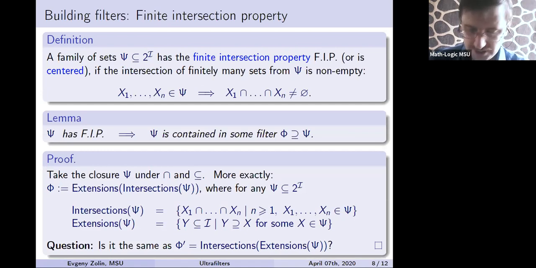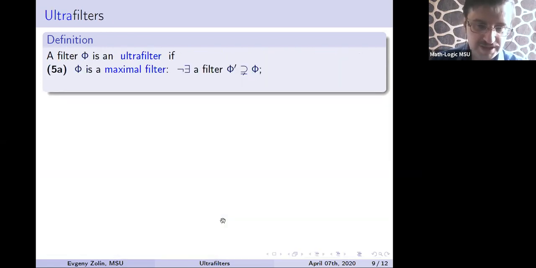So we know that filters are some families of sets. There is a smallest filter, the filter that contains only the set I. But in general, we don't have the biggest filter, the largest filter. But we can define the notion of a maximal filter, so a filter that cannot be extended further.